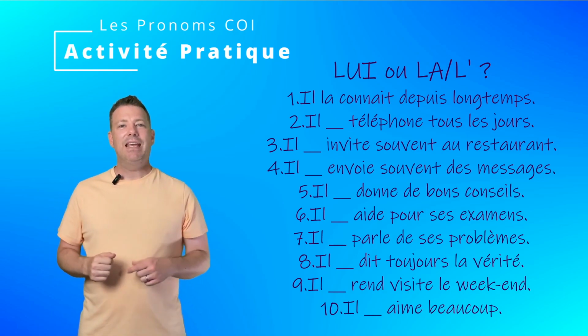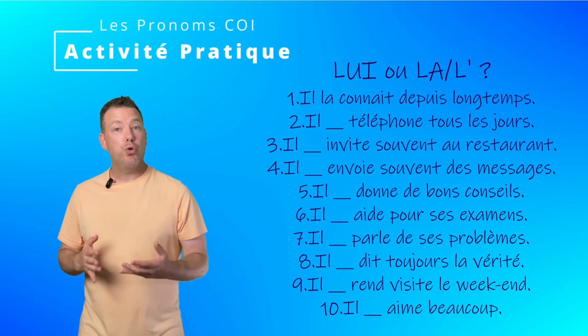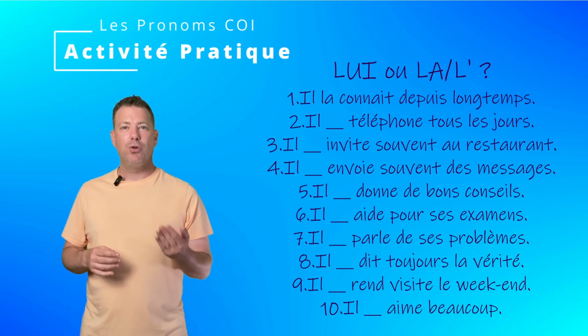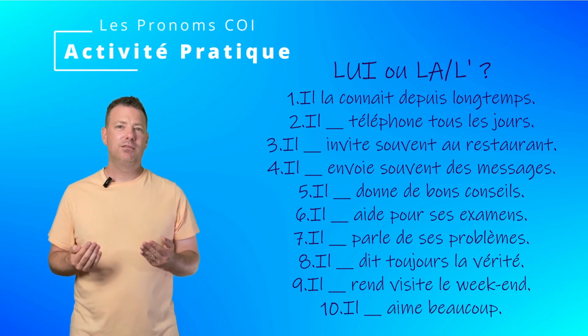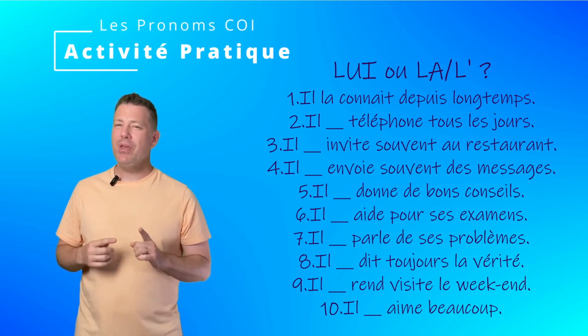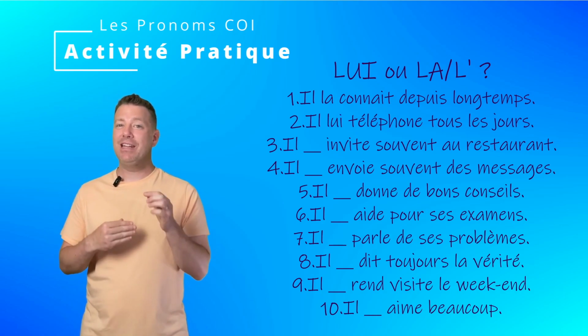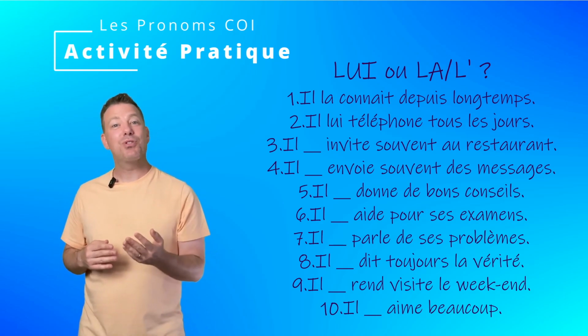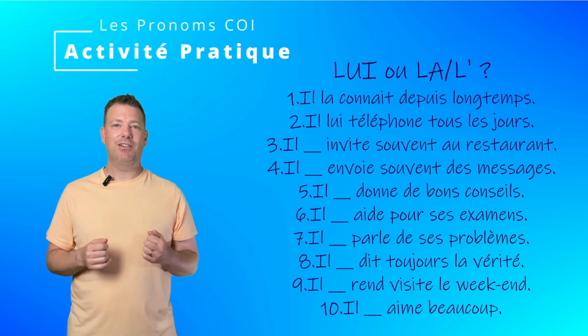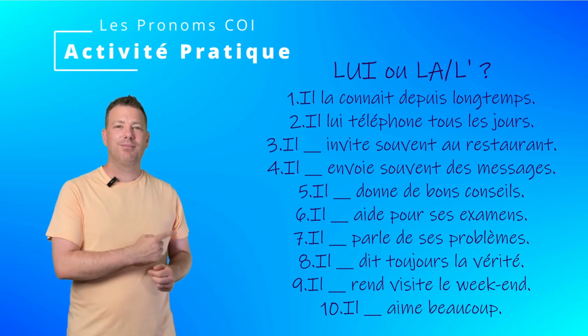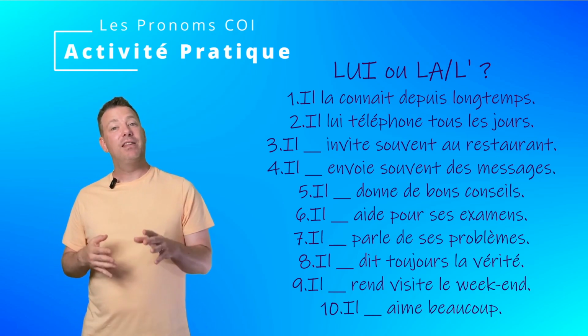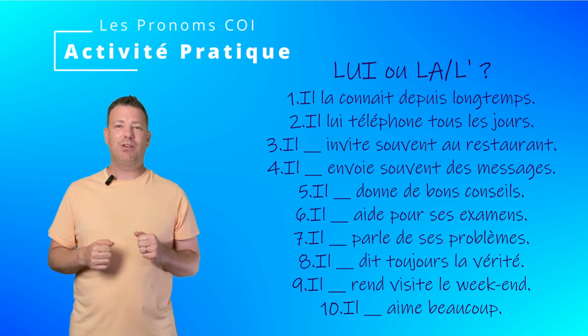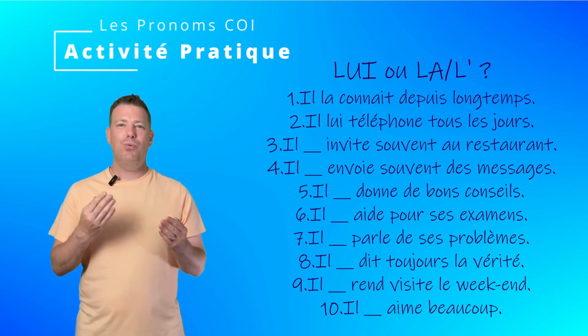Number 2, il téléphone tous les jours. Lui ou la? Il lui téléphone, yes, so téléphoner à quelqu'un, that was one of your verbs that are used with the à preposition. Numéro 3, il invite souvent au restaurant. Lui ou la?